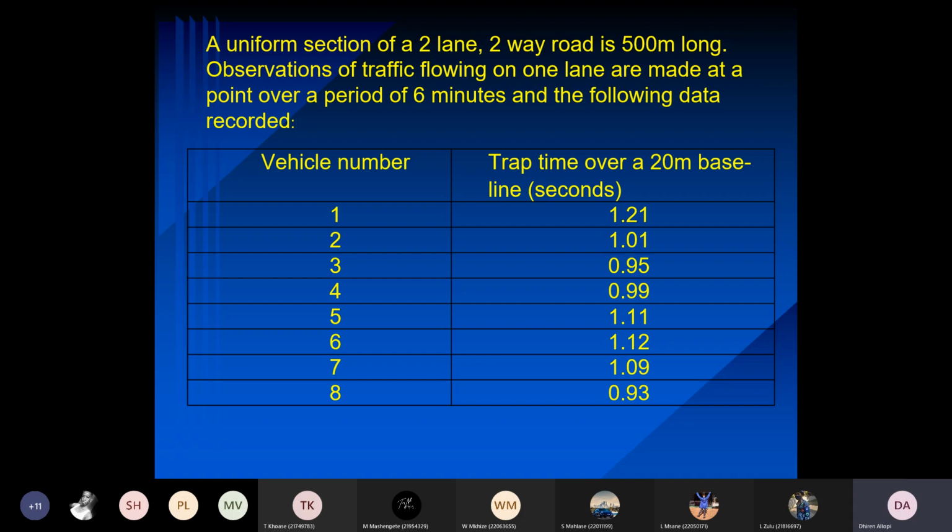And you recorded a time of 1.21 seconds. You can see the units given in seconds. And similarly, the same for the other vehicles. Vehicle 2 over the 20-meter baseline took 1.01 seconds to traverse that 20-meter baseline. Okay, so this is how typical data could be presented.